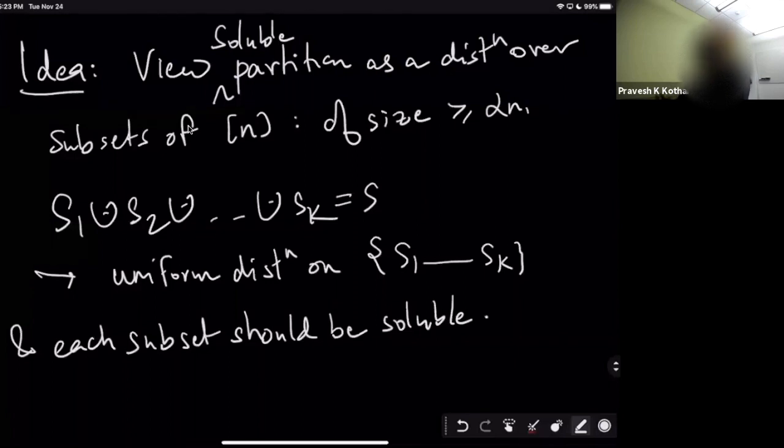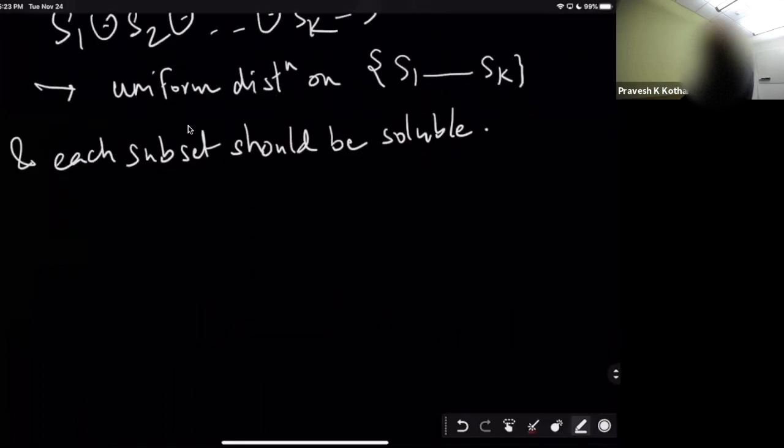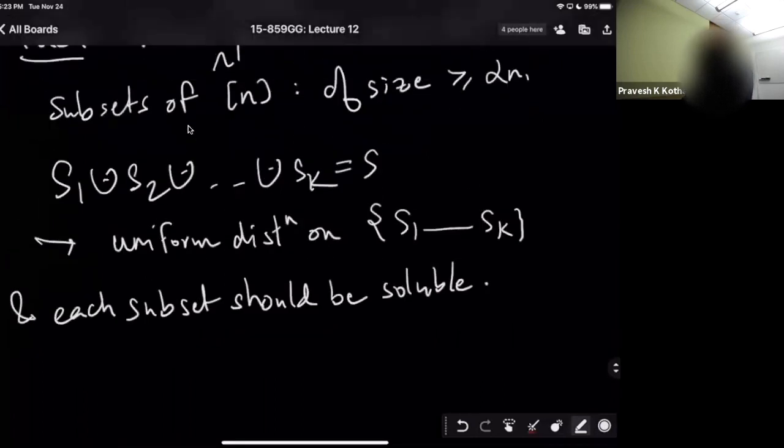So we're going to view our partition slightly more generally as a distribution on alpha n size subsets, each of which is soluble. Okay. Let's call this distribution mu.